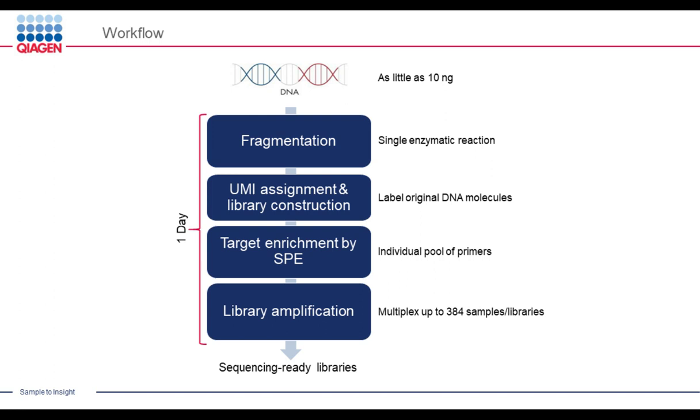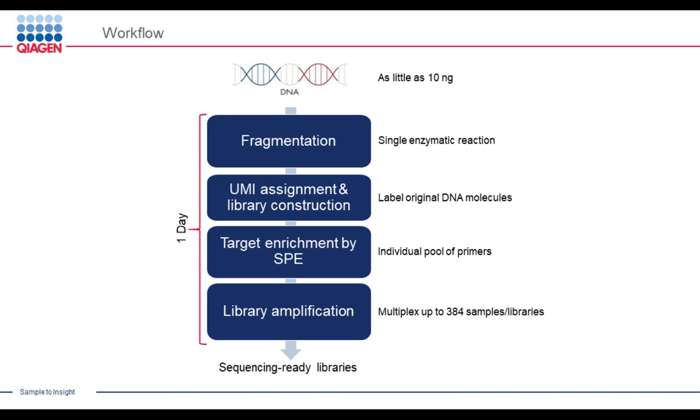The smaller fragments are then also end-repaired and A-tailed before library construction. The next step after fragmentation is unique molecular indices assignment and library construction. This is where you are ligating adapters to the ends of the DNA fragments that you generated in the first step, and these adapters also contain unique molecular indices. So in this second step, you're constructing your library to include unique molecular indices.